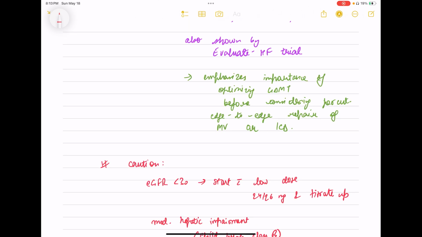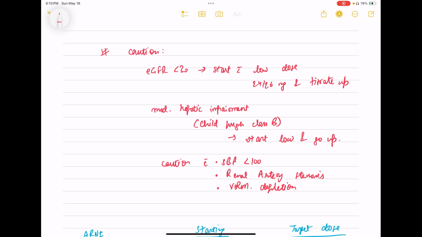So these findings really tell us that it's very important to optimize the patient on GDMT before considering things like percutaneous edge-to-edge repair of the mitral valve or an ICD, because they may improve and not end up requiring these procedures. There is caution for patients with eGFR less than 30. You have to start them on a low dose, 24-26 milligrams, and titrate up to target dose.